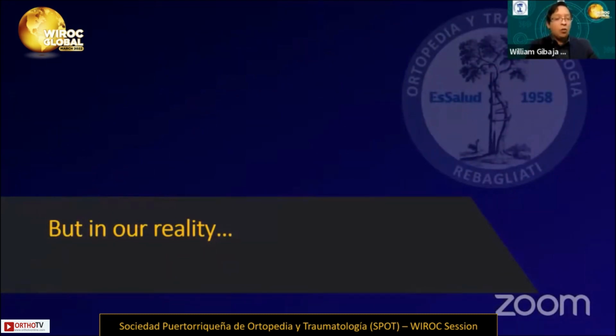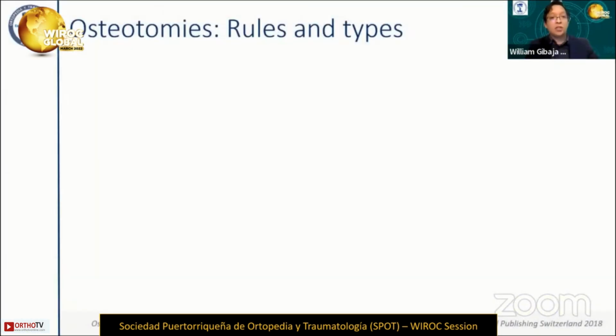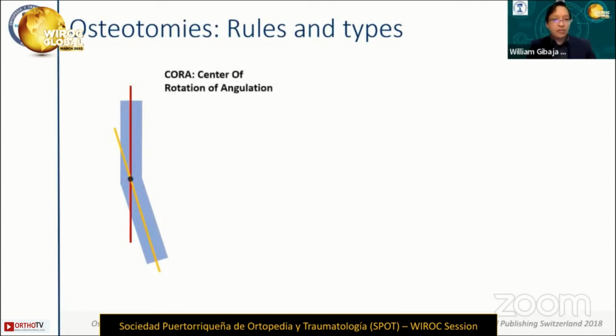In our reality, what we do have is the concepts, the rules, and the types. For instance, this is a 2D image, and we can apply this to any other osteotomy that we want to plan. We figure the center lines, and we find the CORA, which is the center of rotation of angulation. This will give us a bisectrix, and this other point will be the ACA, which is the axis of correction of angulation.